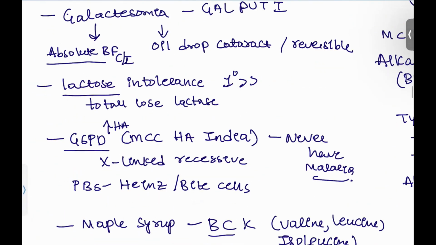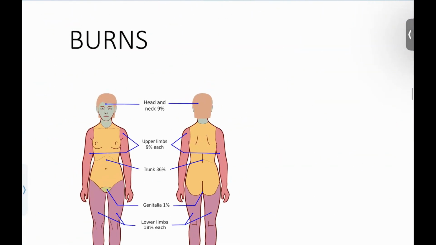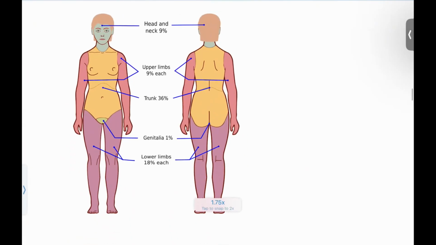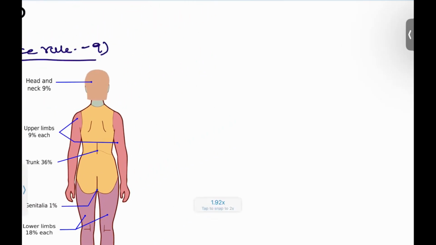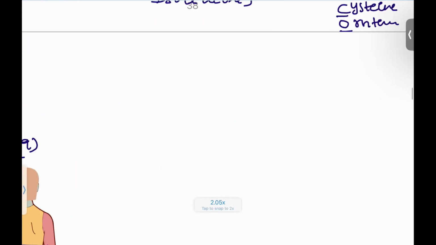All right. Next, moving on to burns and their classifications. If you see this picture, the rule of 9, what is this rule of 9, guys? That is Wallace's rule of 9. This estimates the total body surface area that is involved in the patient's condition. Most significantly, what is the single most significant risk factor for patients at risk of pulmonary compromise?